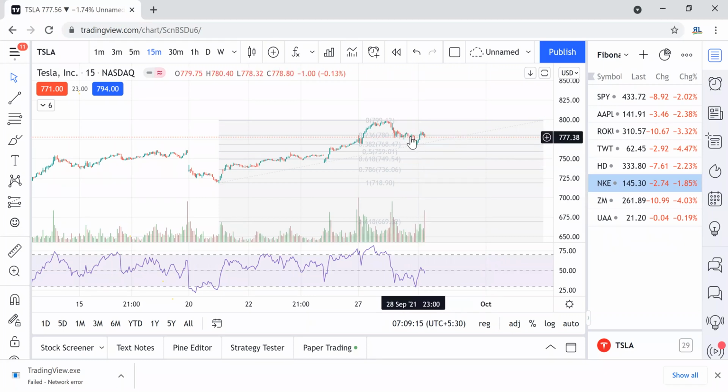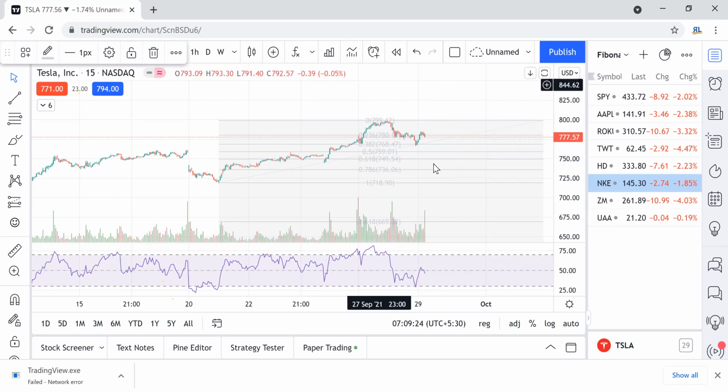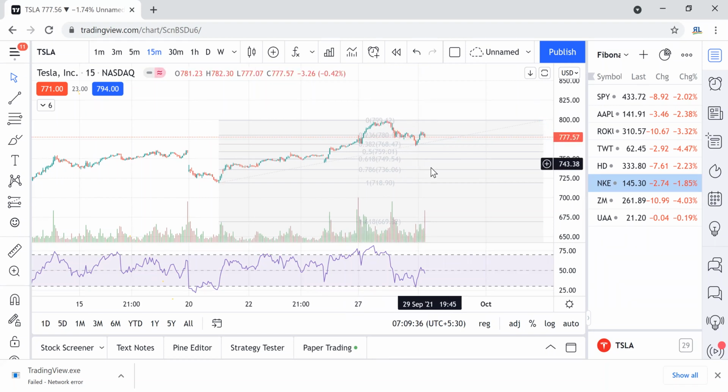That's when you wouldn't use that fib. Does anybody want to type in and tell me what fib I would want to use again? I would want to use extension. Yes, Eric, you got it. So I would drop the extension level from here to wherever the low level, probably 749 is.